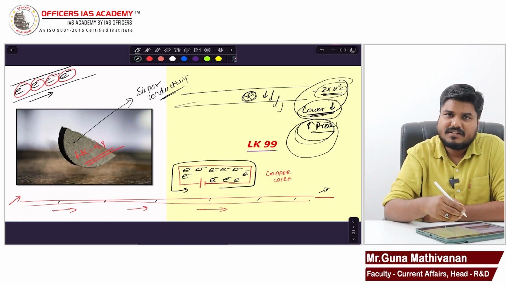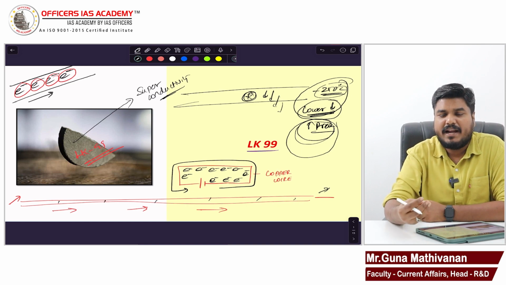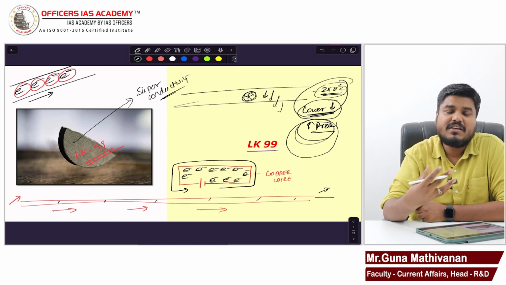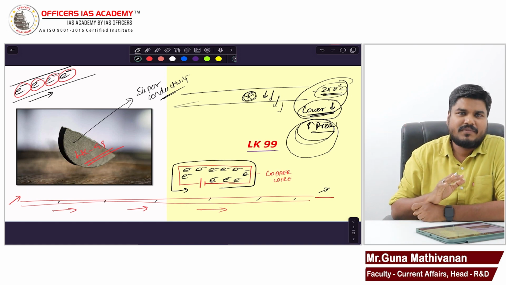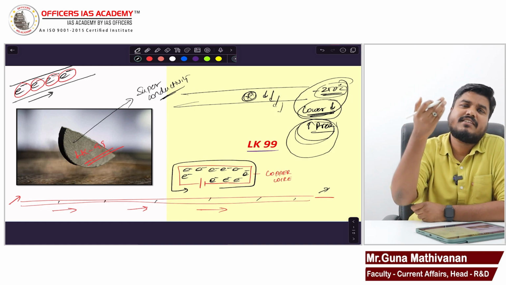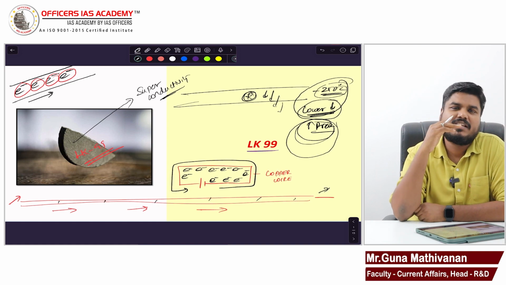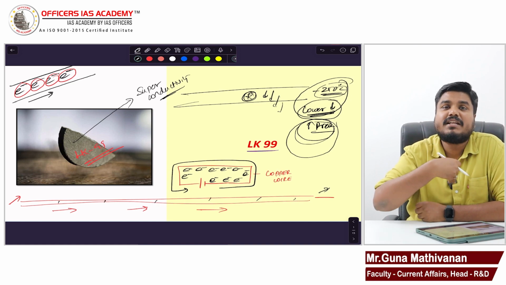But South Korean researchers are claiming that they have developed a material made up of oxygen, lead, sulfur, phosphorus, and that material has the superconductivity property, even at room temperature, or at 100 degrees, or up to 120 plus degrees Celsius.